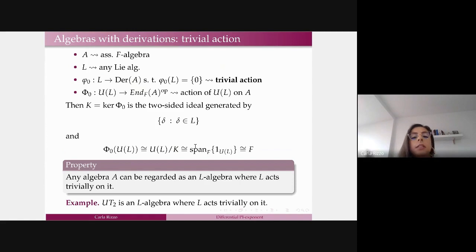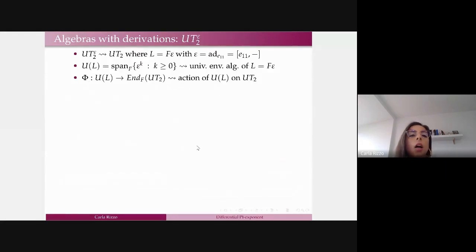So any associative algebra can be regarded as an L algebra, where L acts trivially on it. So if we consider UT2 with a trivial action, this is in particular an L algebra. Okay, a less trivial example. If we consider now UT2, but now with an action by derivation given by the inner derivation induced by the element E11.